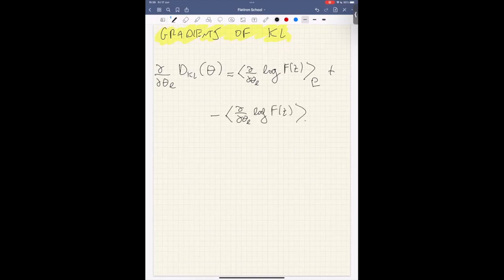But now this average is taken over the samples that are given by the experiment. So these are the gradients of the KL divergence.